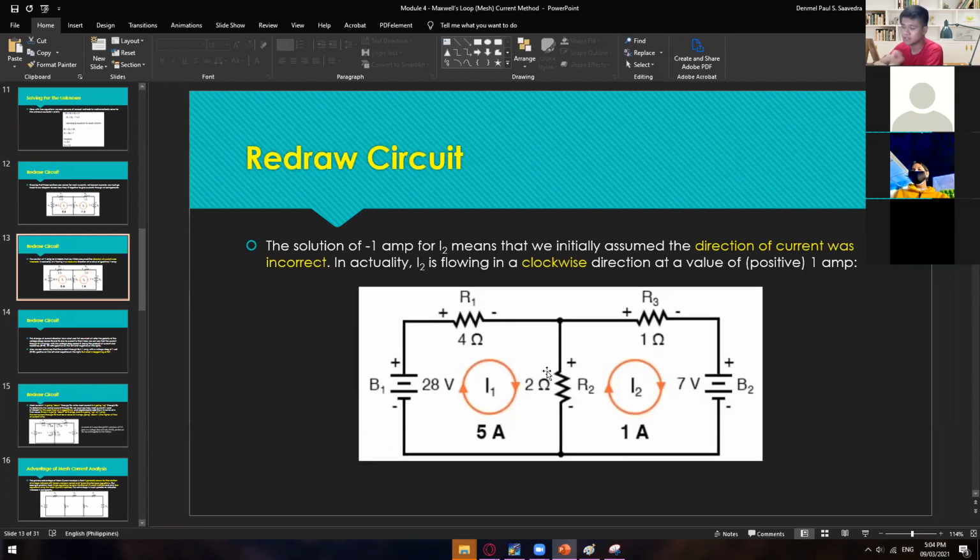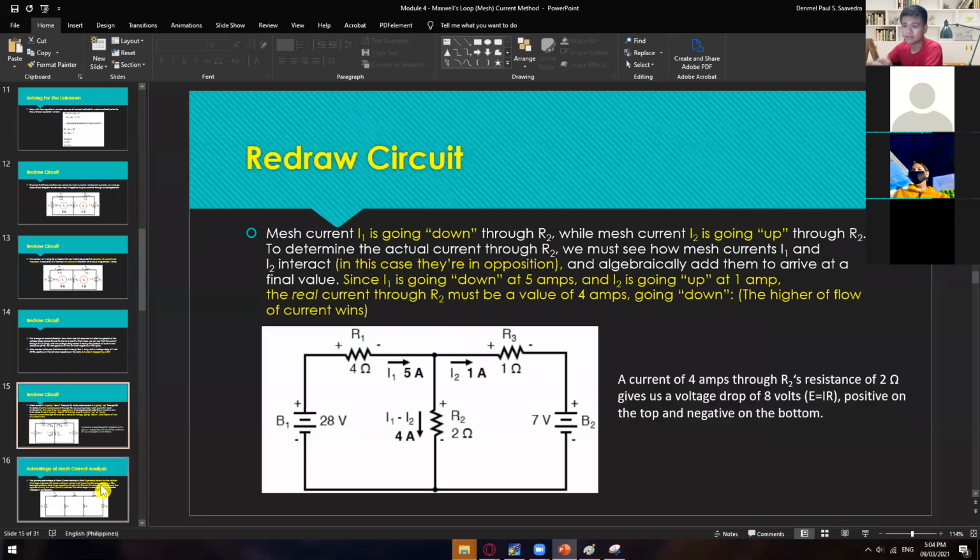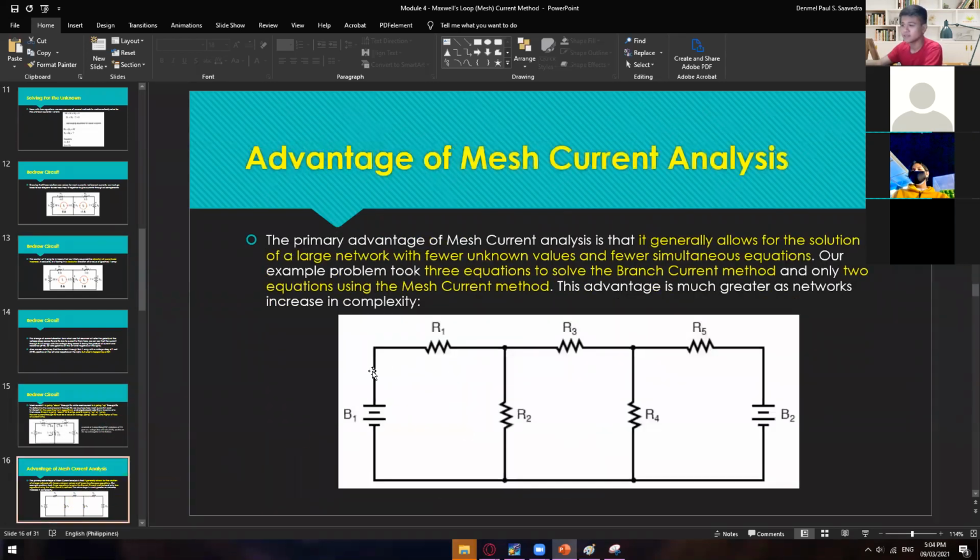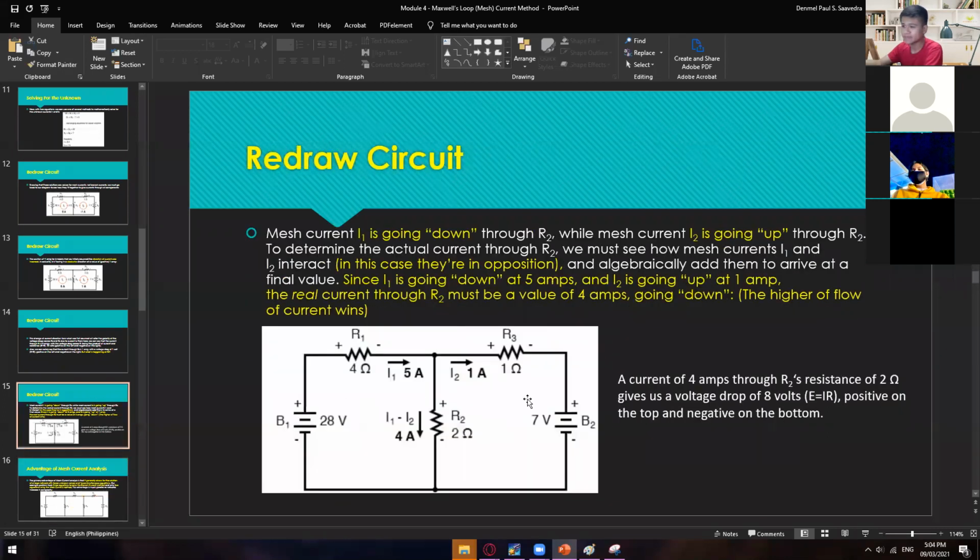So if you're going to perform the Kirchhoff's law, the old way, you will have 3 equations: 2 KVL, or even 3 KVL, that depends on you, and then 1 KCL, giving you a total of 4 equations. But in applying mesh, you will only get 2 equations, just like what we had a while ago.